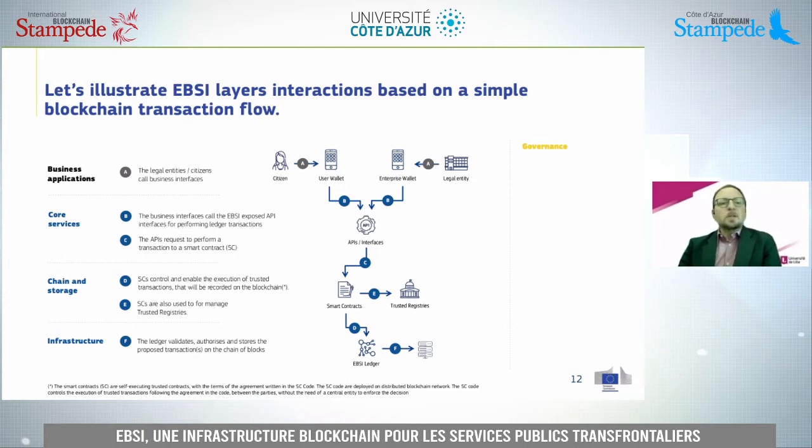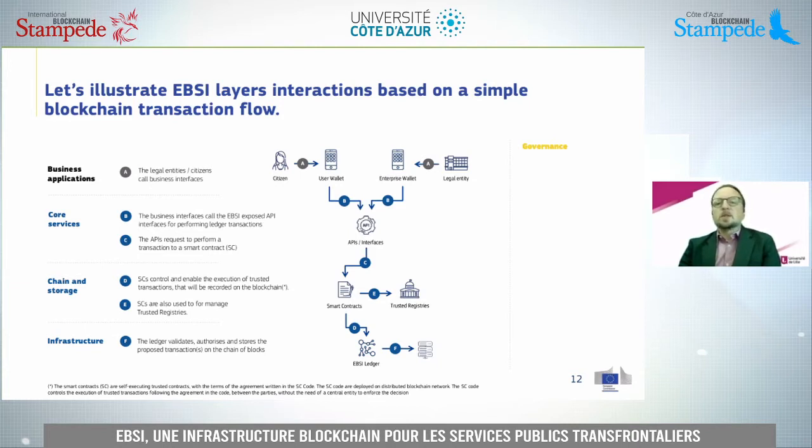Core services are exposed via APIs for building the ledger transactions. And there is a smart contract which checks all the required signatures. Then another smart contract enables the execution of some transactions if you need some execution. And they are used also to manage the trusted registries. I have not talked about these trusted registries yet, but we will have more detail about them later.